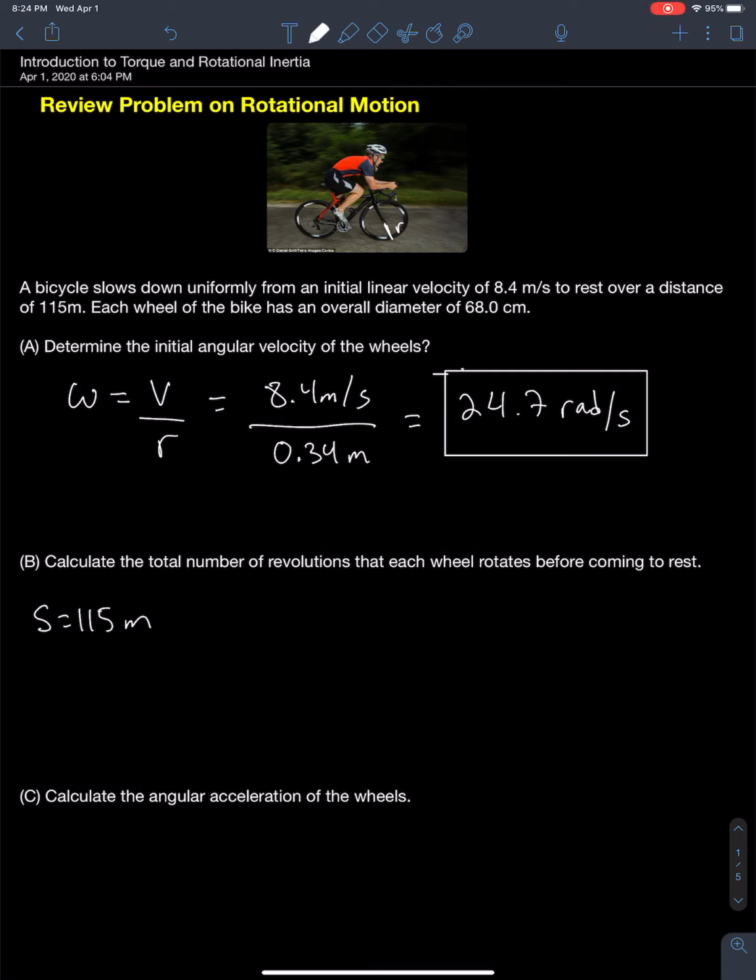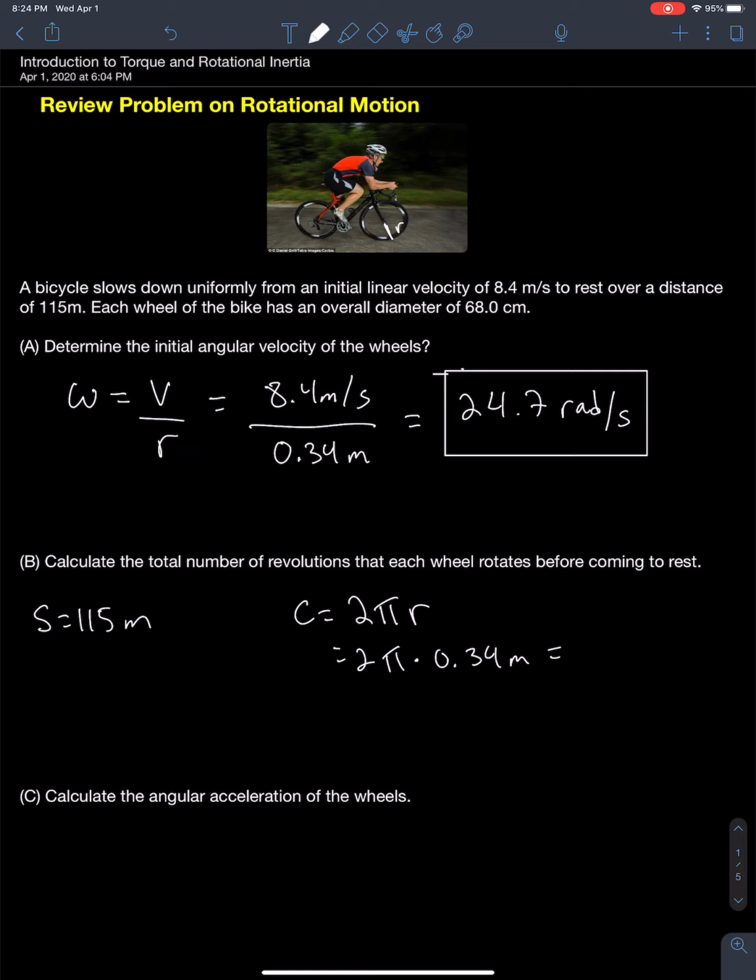Let's cheat and use some logic here: the circumference of the tire is equal to 2 pi r. One rotation of the tire gives me that circumference. So 2 pi times 0.34 meters gives me the distance traveled by the tire in one rotation.